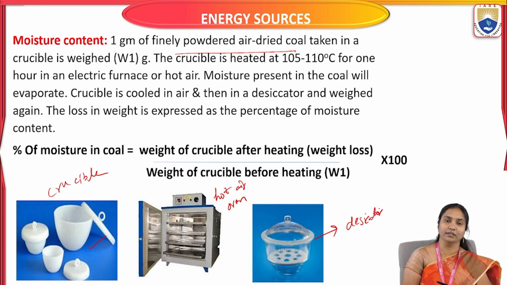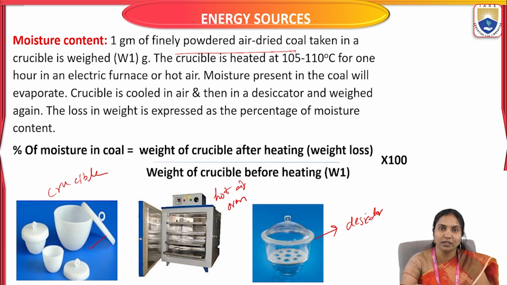The coal sample taken in this crucible is heated in the muffle furnace and weighed again after heating, by taking it out in the desiccator.